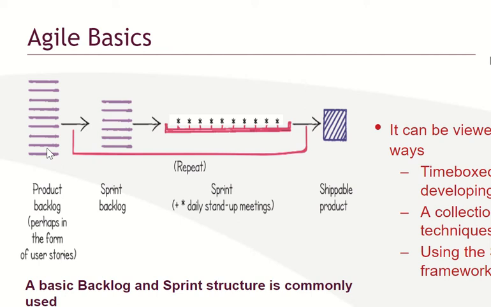Product backlog is like a document that contains all the things that have been agreed, all the features. Now, these features, remember, because it's agile, you can always add more to it. But at least that is what is agreed initially.